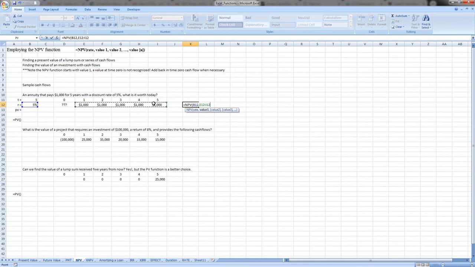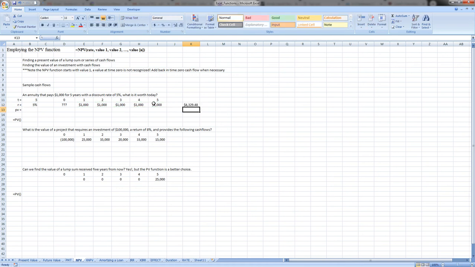Again, Excel recognizes the first value at time 1. If we had a 0 value at time 1, we'd have to start with 0 and then get the added cash flows. We can see that there is a net present value of $4,329.48 for this annuity.